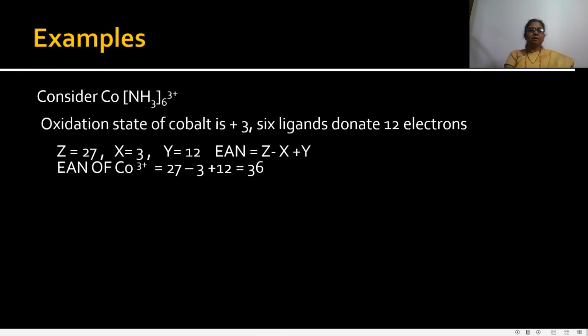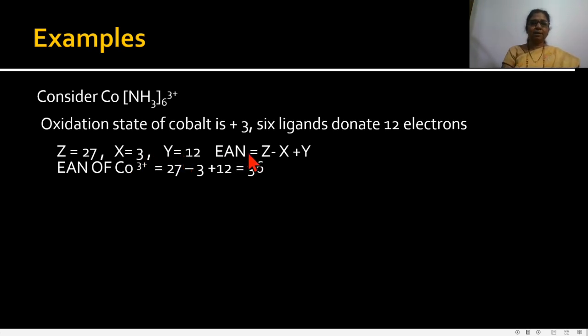Consider [Co(NH3)6]3+. In this example, the oxidation state of cobalt is +3. The central metal ion is cobalt, and the NH3 are the ligands. There are 6 ligands which donate 12 electrons. Then Z is equal to 27, X is equal to 3, Y is equal to 12.